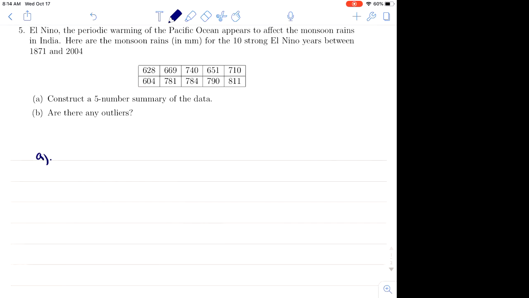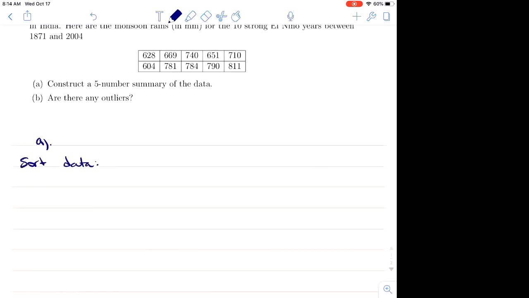For the 5-number summary, first thing we have to do is sort this data from smallest to largest. That's going to be important. Otherwise, everything we do is, well, wrong. So, I think 604 is the smallest. Okay. And then 628.